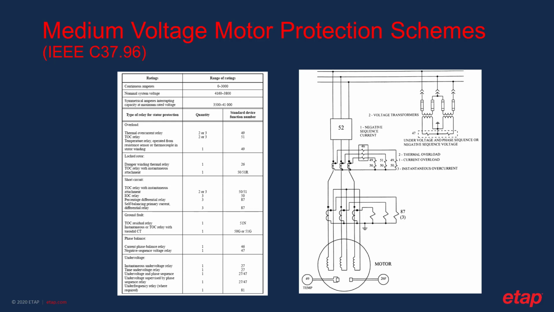Combination would be different types of relays to sense the current, phase, and ground, and unbalanced current, and also a differential together with the fault detection inside of the motor winding itself. All of these protection elements are sending the trip signal to a high voltage circuit breaker, or disconnecting or interrupting the motor in case of the fault.